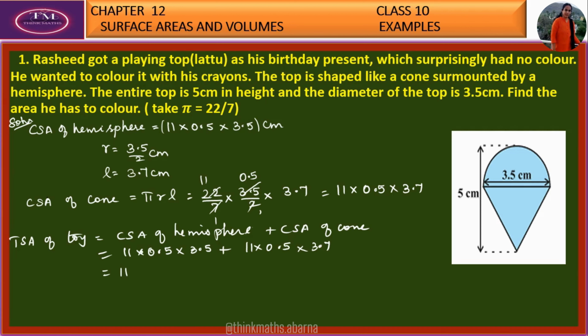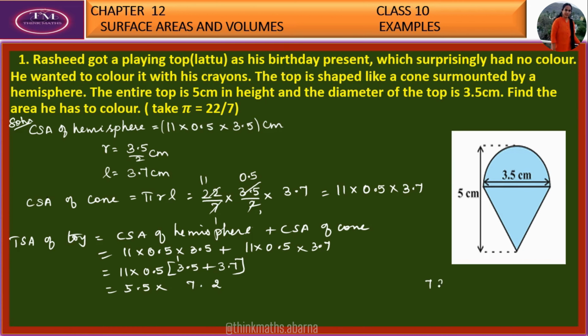So take the common thing 11 into 0.5 outside, and the remaining we have 3.5 plus 3.7. So 11 into 0.5 is 5.5. So 5.5 into 3.5 plus 3.7. So 5 plus 7 is 12. Balance will be 1. 3 plus 3 is 6. 6 plus 1 it is 7. So 7.2. So we have to multiply 5.5 into 7.2.